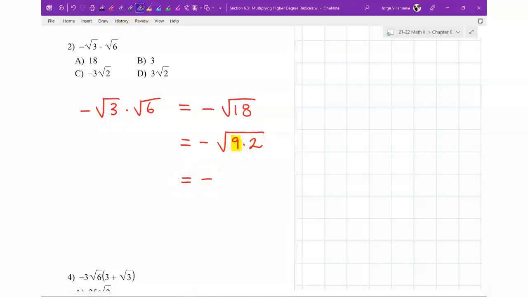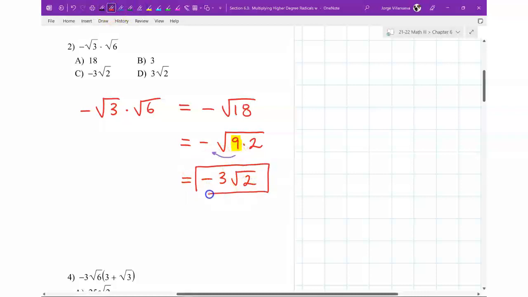When I take out the 9, it's going to become a 3. So that's going to be a 3 radical 2. And that's my answer, negative 3 radical 2. So after you multiply, you're going to want to try to simplify it.